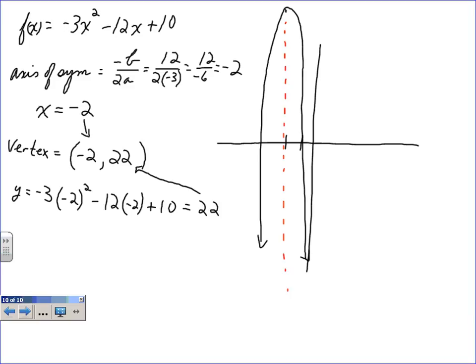Because we only have a few minutes left, on page 638, I want you to do problems 3, 5, 16, and 21.